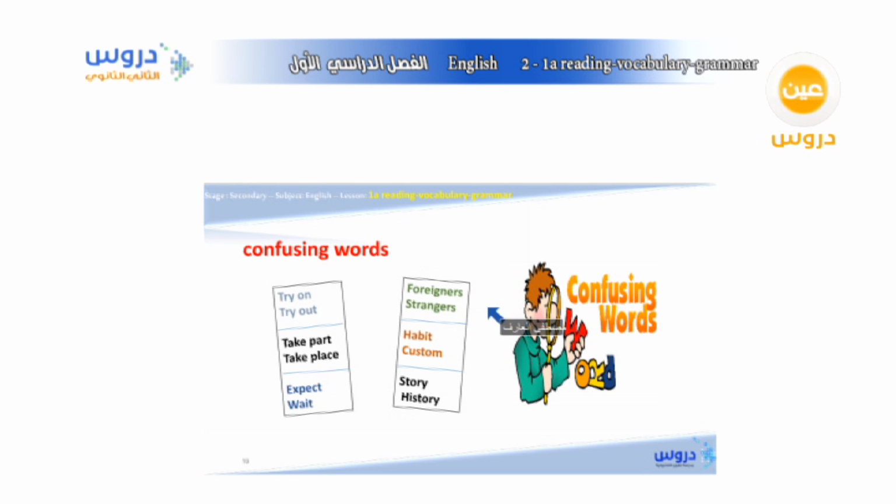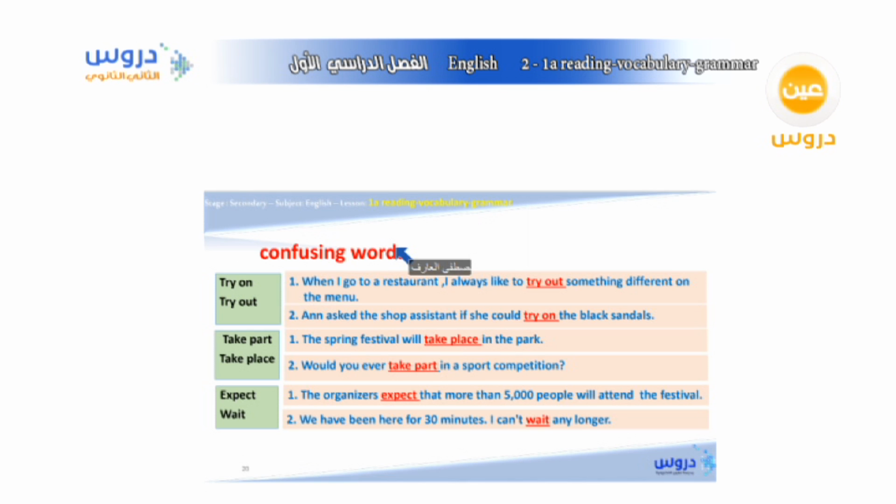So there are some confusing pairs here: foreigners and strangers, same meaning but still a difference. Habit and custom, also the same meaning, but we still have a difference. Story and history, try on, try out, take part, take place, expect, and wait. So let's find out what they really mean and how we can differentiate them.